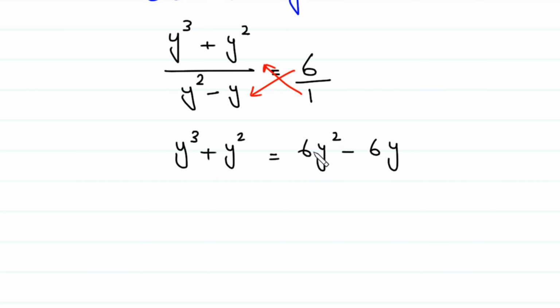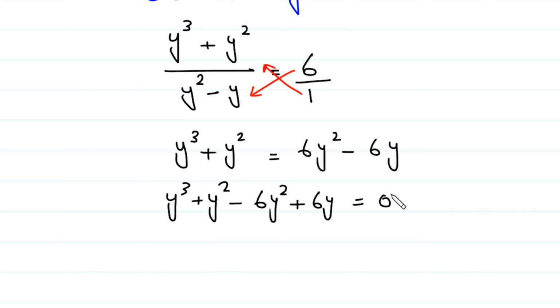Now we shift these two terms to the left side: y cube plus y square, and this plus 6y square becomes negative 6y square, and this minus 6y becomes positive 6y, plus 6y is equal to 0.